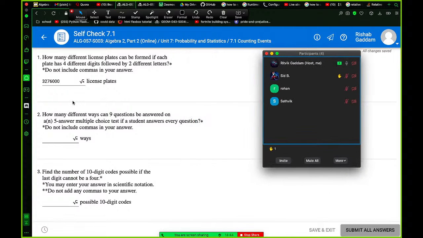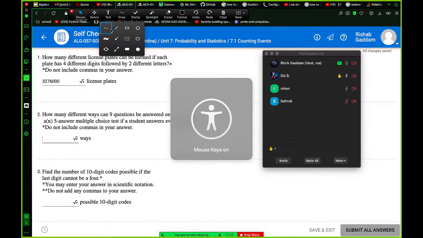How many different ways can 9 questions be answered on a 5-answer multiple choice test if a student answers every question? Okay, so there's 9 questions, so that would be 9 times 8 times 7 times 6 times 5.